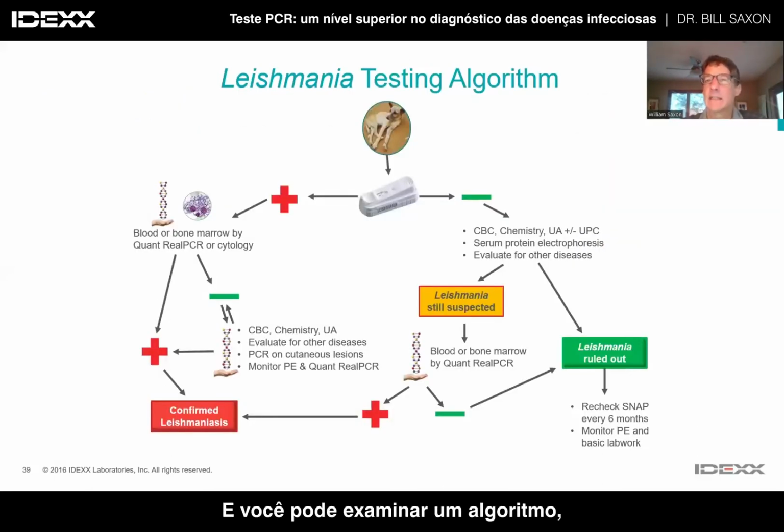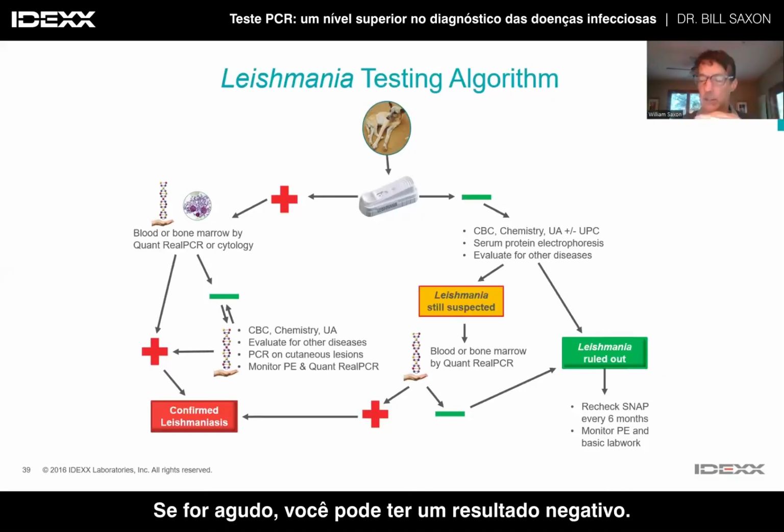And you can look at an algorithm just to work us through how and when we would consider PCR testing. Again, with infectious disease, it's a two-step process. We screen first with a serologic test, and if that test is really good, a negative rules out the disease. Now, in some instances, especially if it's an antibody test and the infection's at a low level or in a chronic state, a negative wouldn't necessarily rule it out.